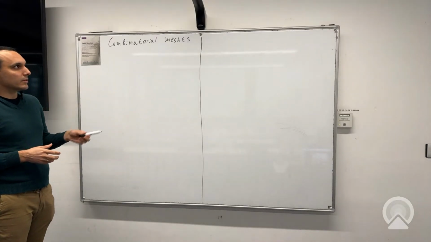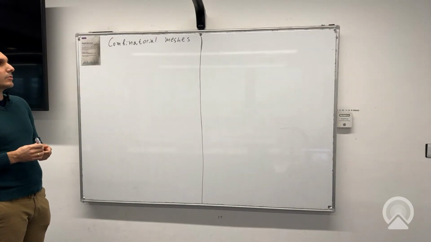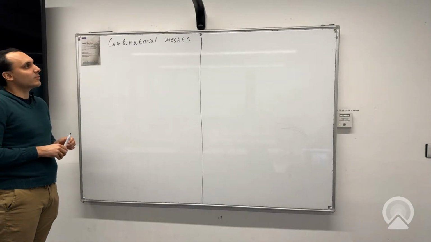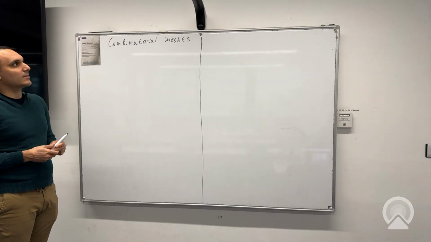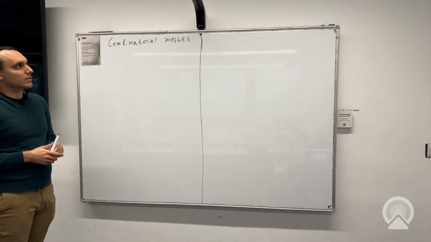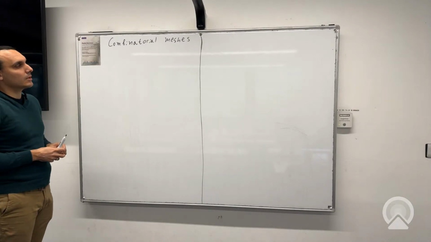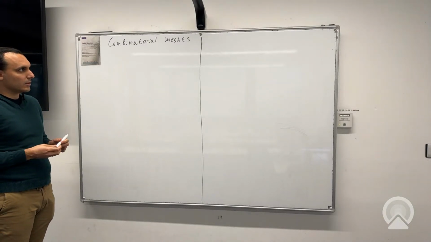Of course, these combinatorial meshes are the main ingredient in the mesh calculus that we use for transport phenomena and hopefully for transport of momentum, like elasticity, things like that.